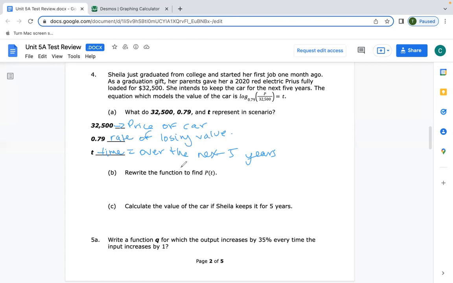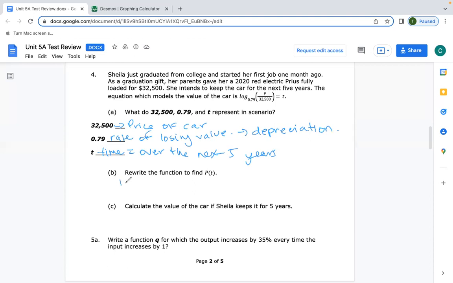Yeah, it's basically decay because it's less than 1. Remember, growth is above 1. Decay is less than 1. Depreciation. Oh my goodness, that was so hard. Depreciation.